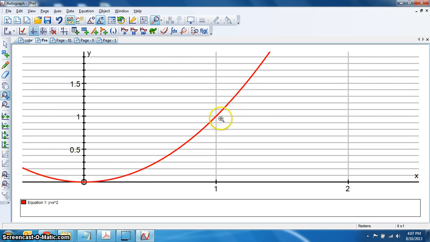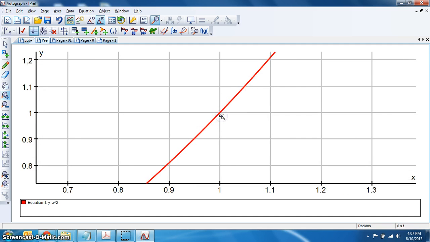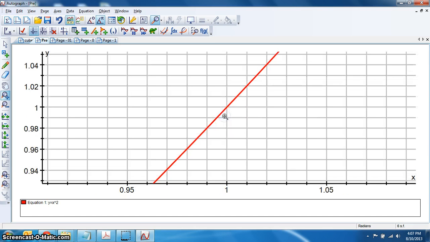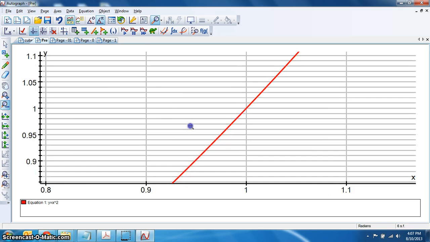Notice as I zoom in, the curve becomes more and more straight. In fact, as you zoom in closer and closer, it looks like a line. And what is the slope of this line? Well, it looks like it's almost 2. And you remember that the tangent line also has slope 2. So let me zoom back out again.